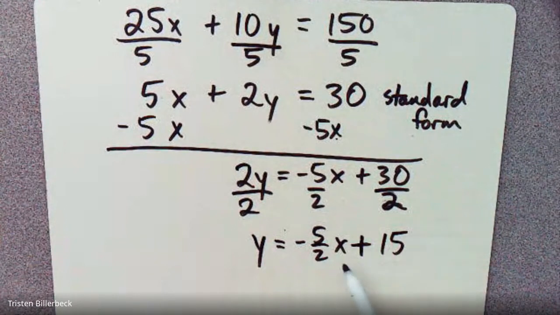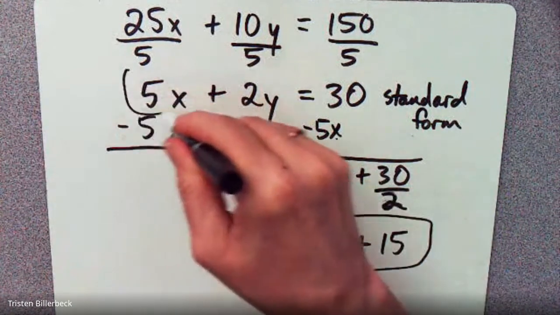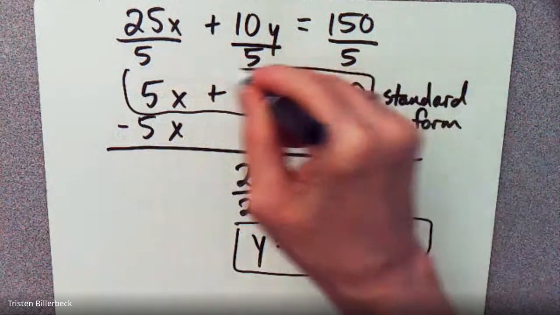So when x is 0, when I buy 0 reserved tickets, I can buy 15 general admission tickets times $10 is 150. Okay, so here's my slope-intercept, but here was my standard.